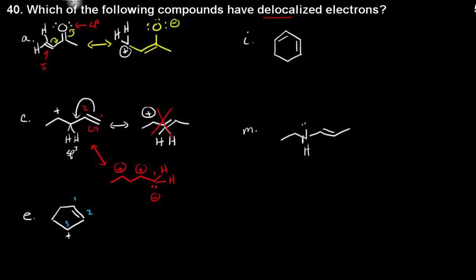So that's actually a very valid way of drawing this out. So I'm just going to redraw this carbon 1 and carbon 2 to make it easier to play with. And so we can actually go ahead and take these pi electrons and move them over to this 2 to 3 carbon bond. Again, carbon 2 is sp2 hybridized, carbon 3 is sp2 hybridized. So there's no big deal here.